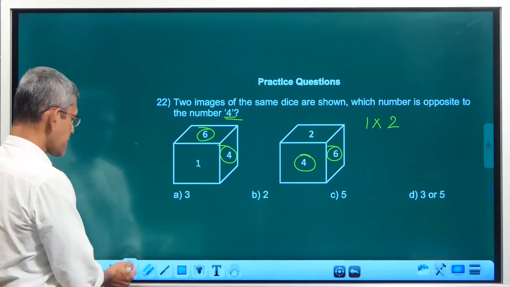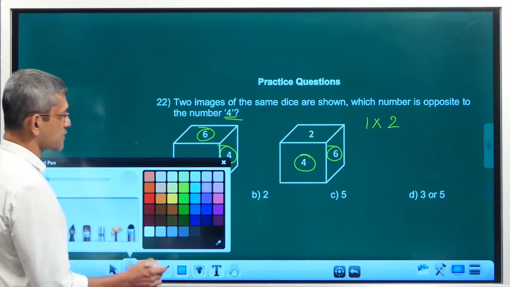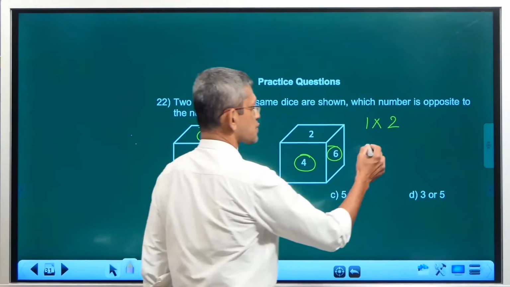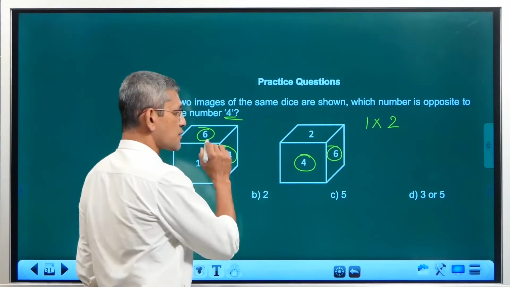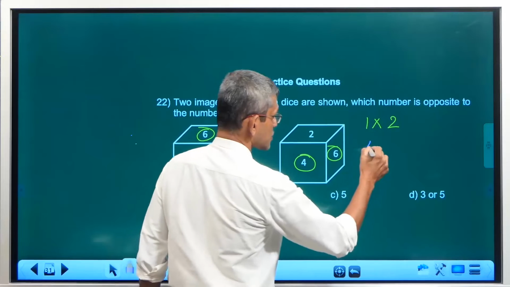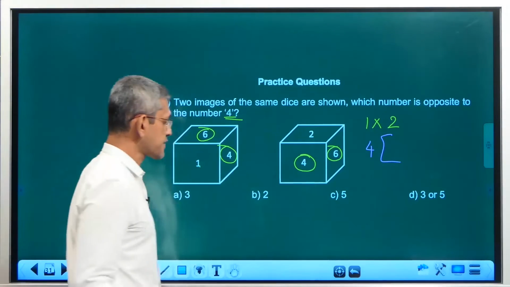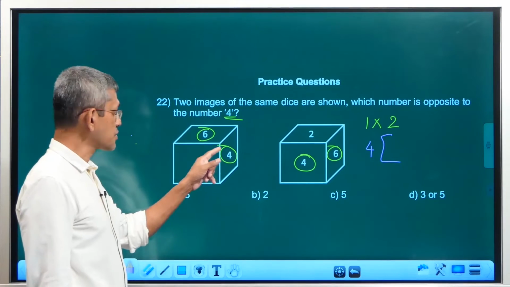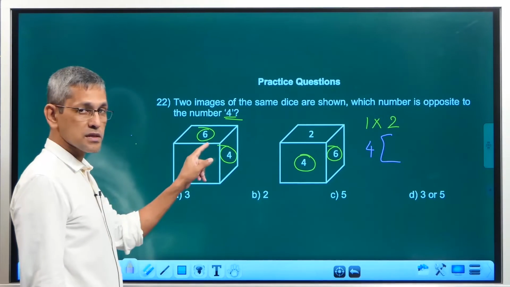So the possibility we have, or the information we have here, is this. Look at 4. 4 is on 2 images. When you look at 4 in the first image, 4 cannot be opposite to 6 and 1. So 1 and 6 are adjacent.